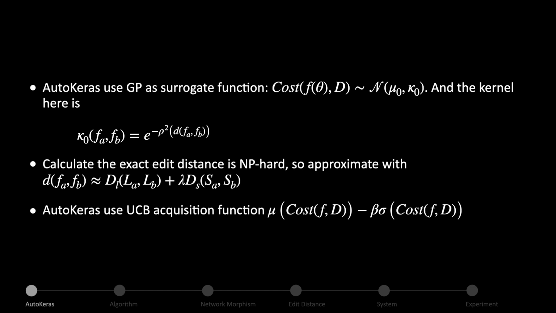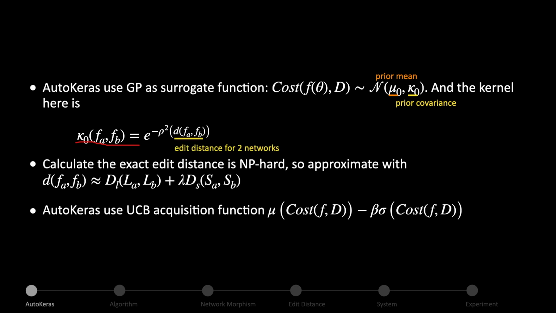So AutoKeras uses a Gaussian process as the surrogate function. The cost is generated from a normal distribution with prior mean and prior covariance kappa 0. The kernel here is defined as kappa of FA, FB for two different networks FA and FB, equal to the exponential of minus rho squared of d of FA, FB.